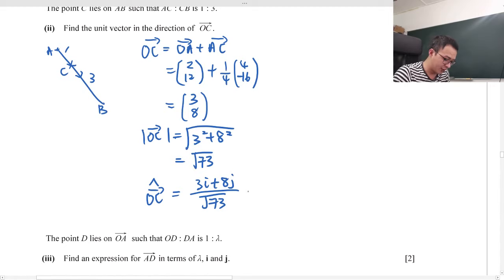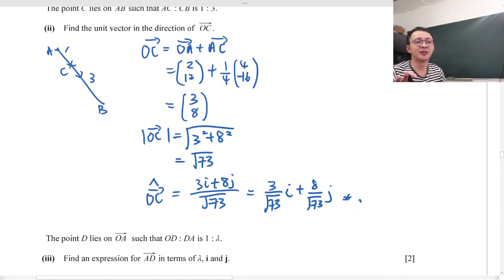If you prefer to write it nicely, you can separate them like 3 over square root 73 i plus 8 over square root 73 j. All this should be quite simple. If you're not sure, the unit vector of A is vector A over the length of A. This is how we get a unit vector.